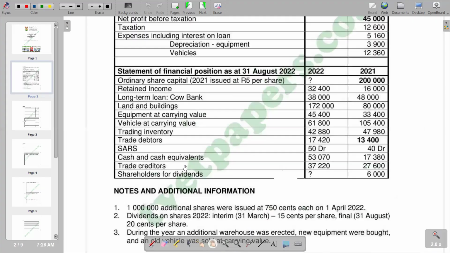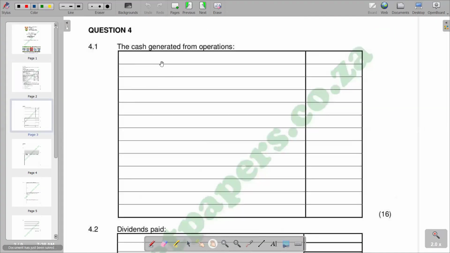So going to our other section, you'll see that this is now the cash generated from operations, whereby we are going to start with the net profit before taxation.